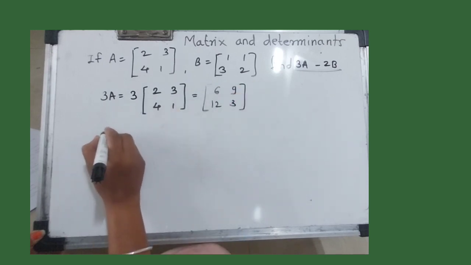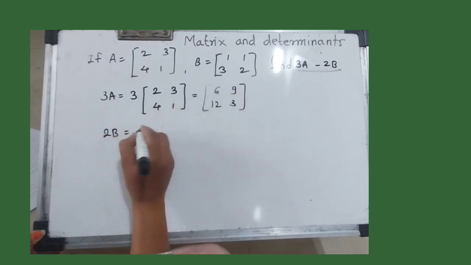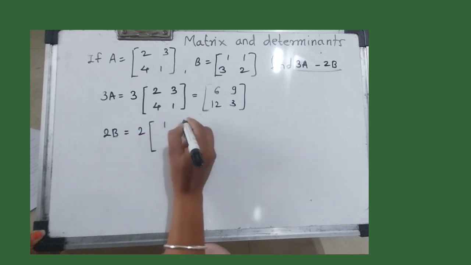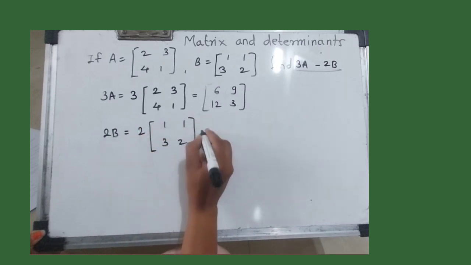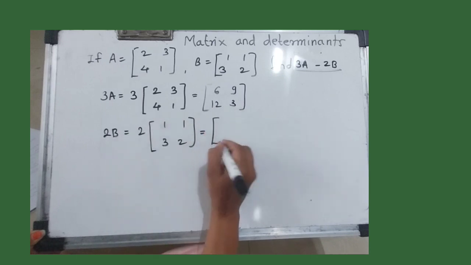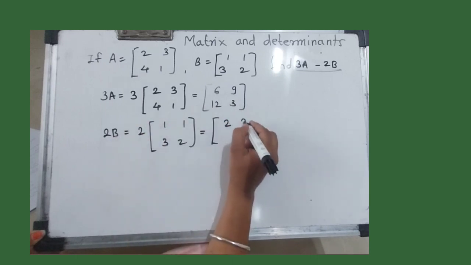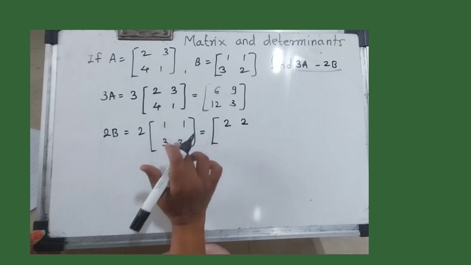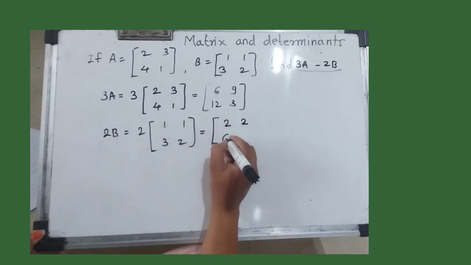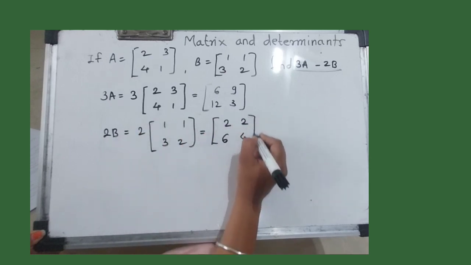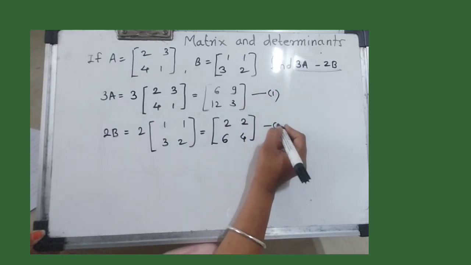Now, find out 2B. 2 into B matrix, [1 1; 3 2], equal to 2 into 1, 2. Multiply 2 by each and every element of B. Here 6, here 4.